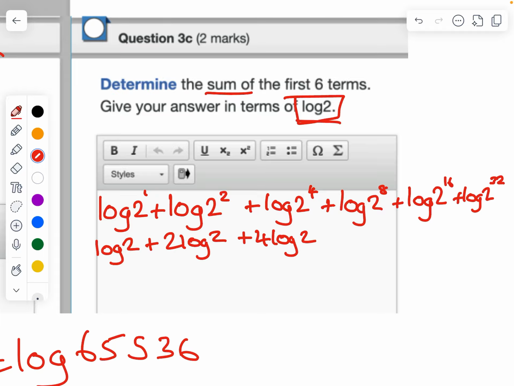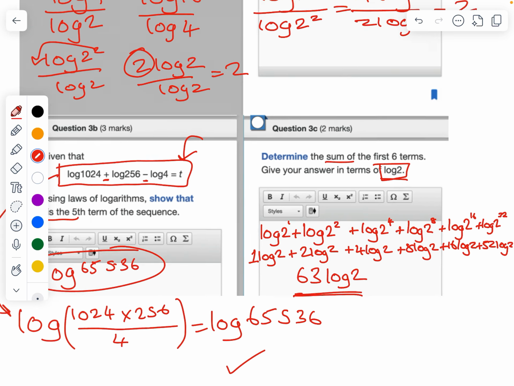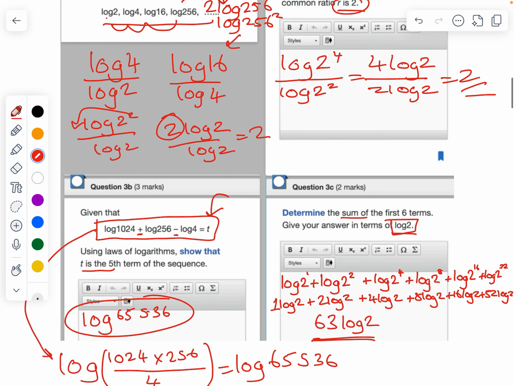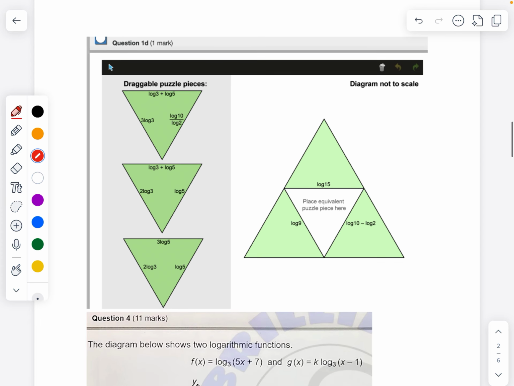I'm going to add 2 log 2, 4 log 2, 8 log 2, 16 log 2, and then 32 log 2. And now all I need to do is add them together. Remember, there's a 1 here. So 1 plus 2 plus 4, 8, and so on. And we get 63 log 2. And that's for 2 marks.